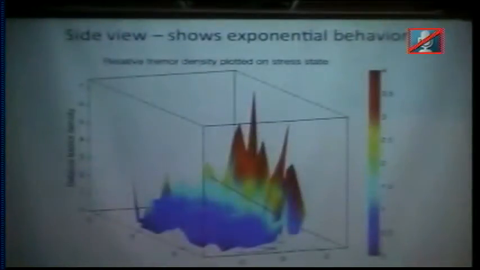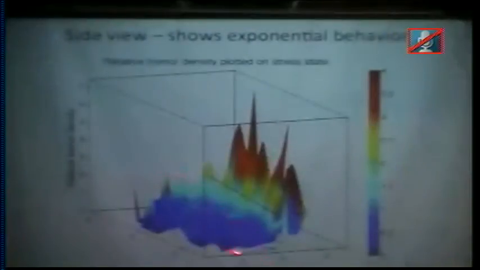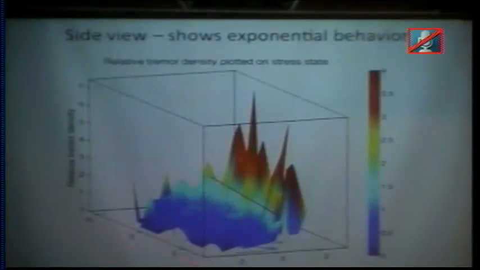But what is the relationship of this to the histogram I was showing you before? Well, it becomes clearer when you look at it in 3D. So now we've got normal stress and shear stress this way, and we're looking at it from the side, and this is the exponential behavior I showed you before.